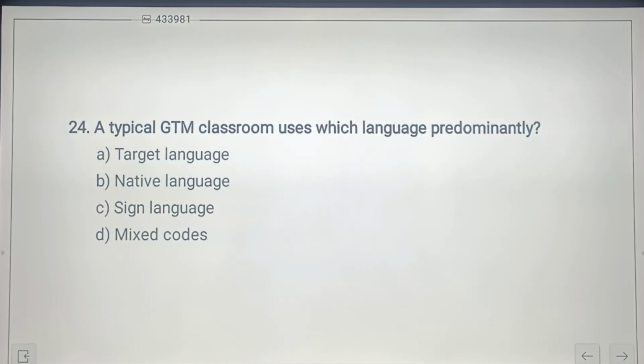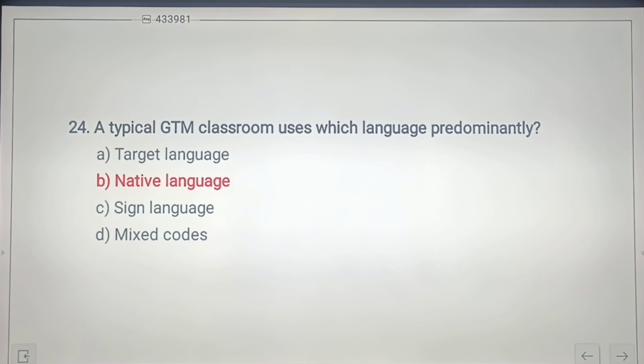Next, a typical grammar translation classroom uses which language predominantly? A. Target language. B. Native language. C. Sign language. D. Mixed codes. The right answer is native language, that is the learner's mother tongue.